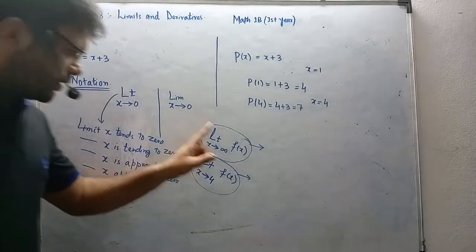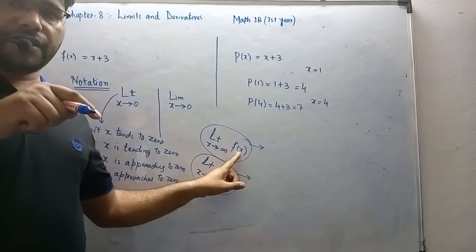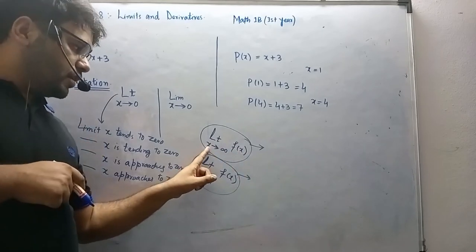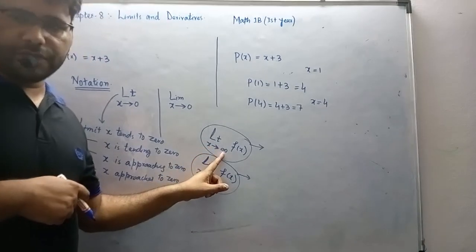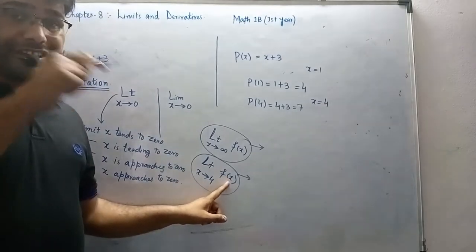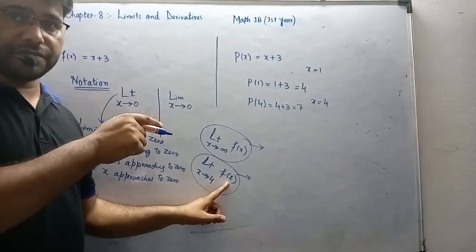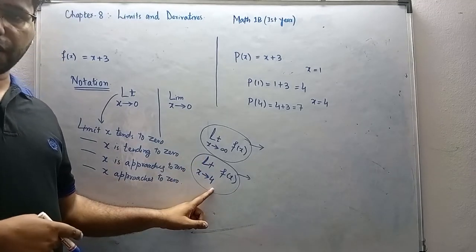It means telling the value of the function when some input is approaching some value. So the limit is the value of the function when some input is approaching some value.